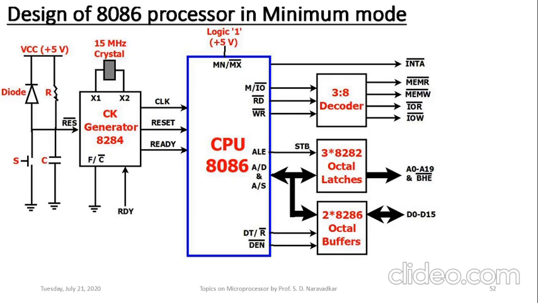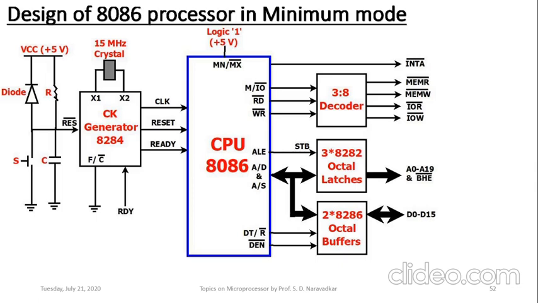We know that in the operation of the 8286 octal buffer there are 2 associated signals. These are DT/R bar, data transmit/receive bar, which is connected to the transmit pin of the octal buffer, and DEN bar, which is connected to the OE bar pin of the octal buffer.